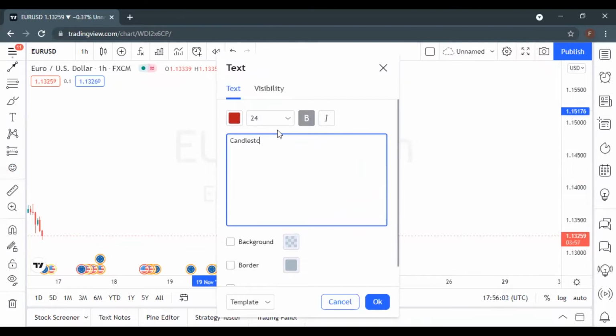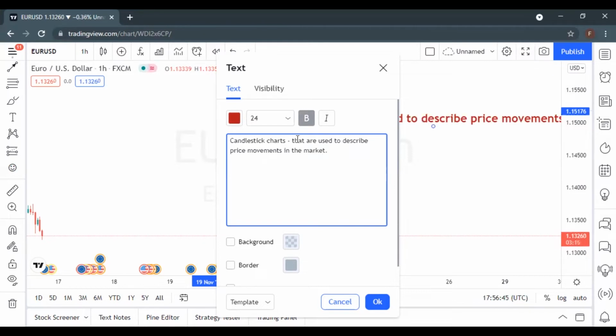Candlestick charts are special charts that are used to describe price movements in the market, right?